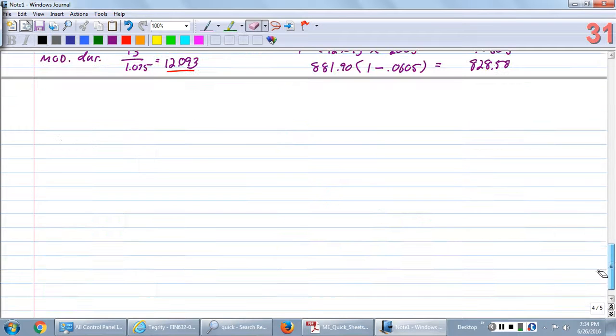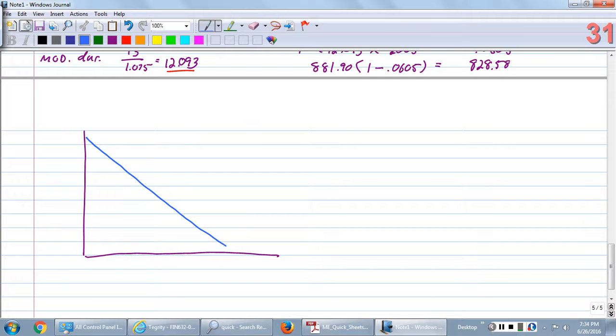So let me show you here what this looks like on a graph. I'm going to draw this blue diagonal line here. I'm going to put price on this axis, and I'm going to put yield on this axis. And let's start with our original bond.